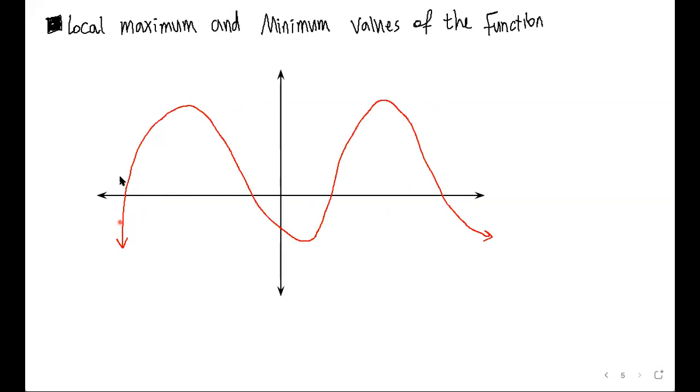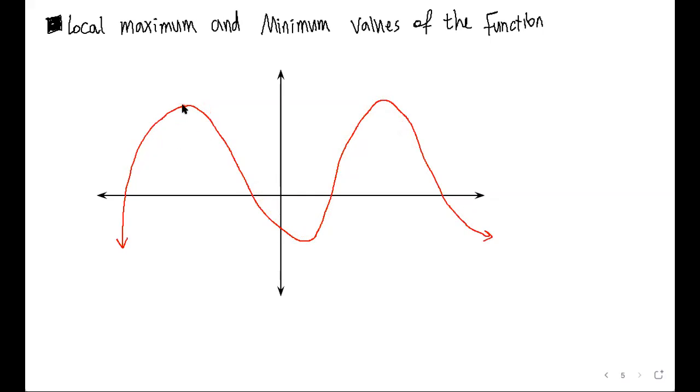The increasing function is from here up to here. Then the function decreases up to here, then increases again up to here, then decreases. This point on the top is where the function changes from increasing to decreasing.